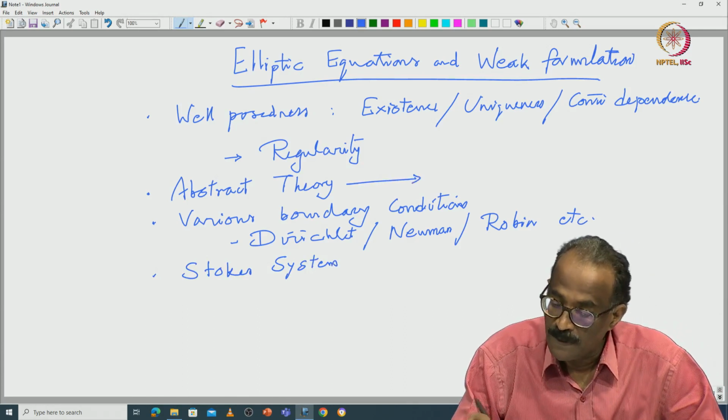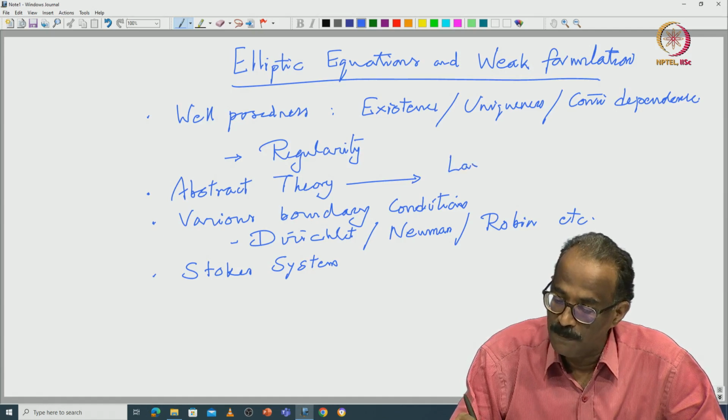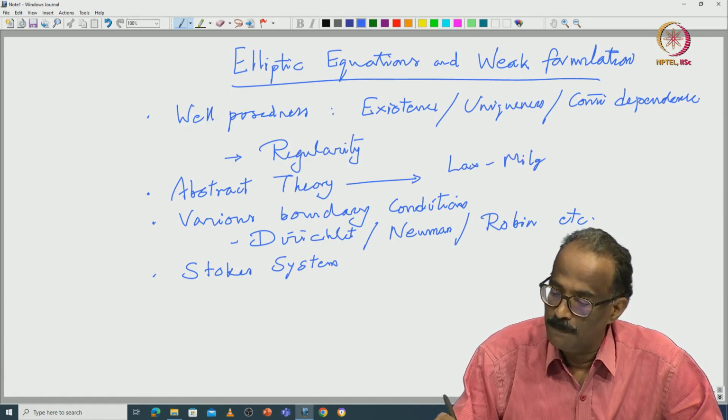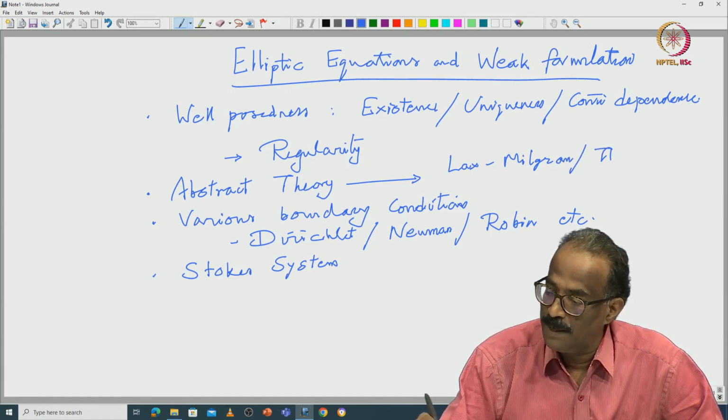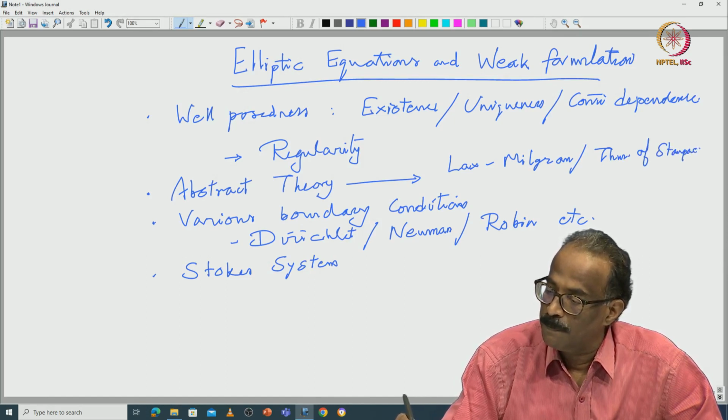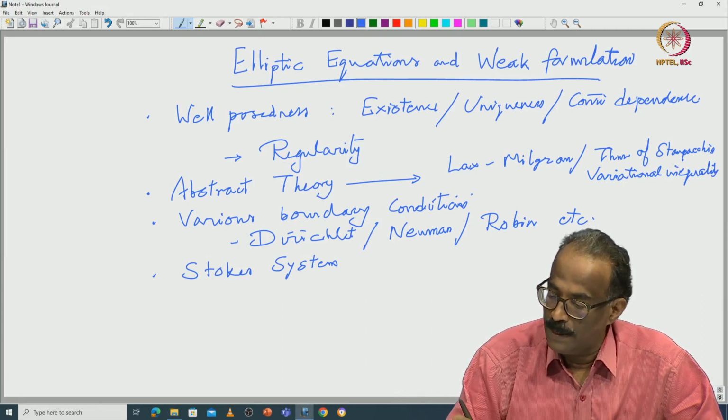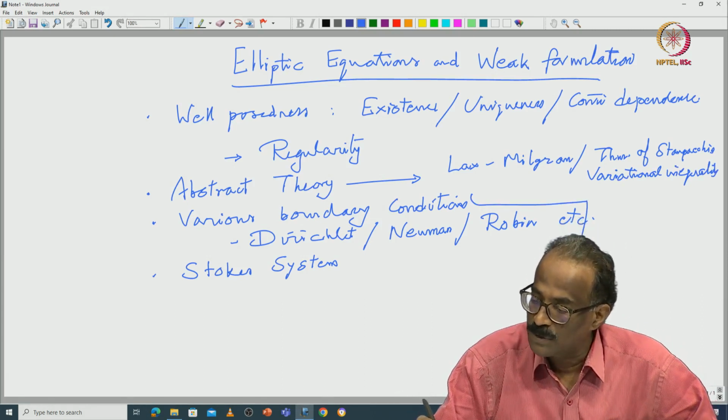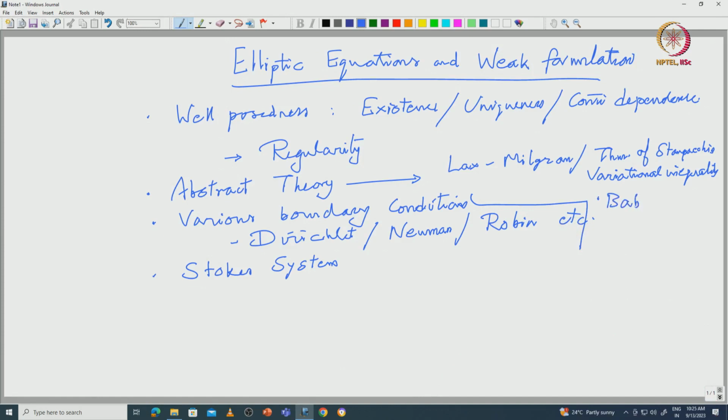On this abstract theory, you will see the Lax-Milgram lemma, the theorem of Stampacchia, variational inequality, and we will also see the Babuska-Brezzi theorem, the Babuska-Brezzi lemma, useful for systems.